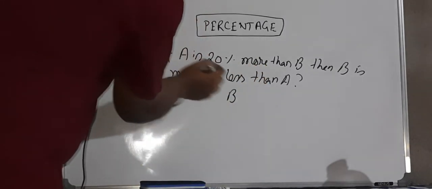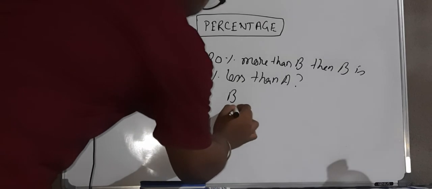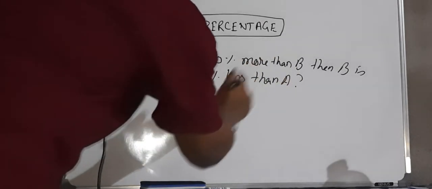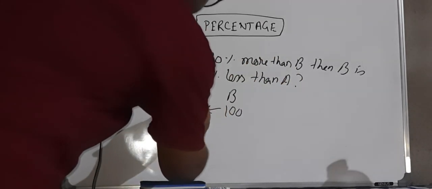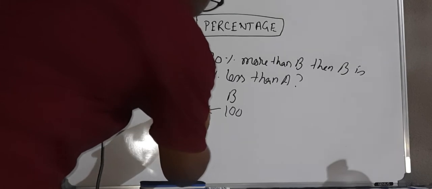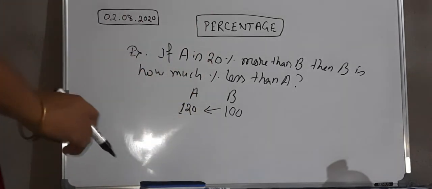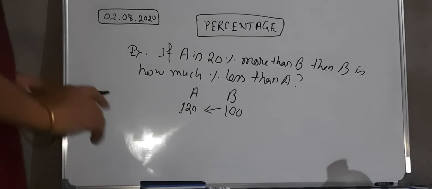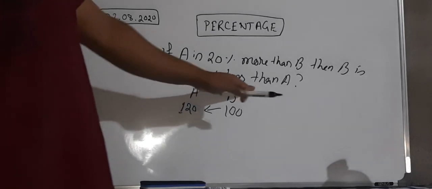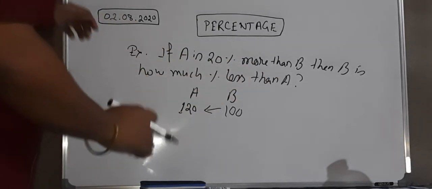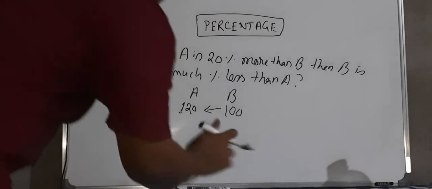So let's say B is 100, the value of B is 100, let us assume. So if B is 100, then A is 120. As per question, A is 20% more than B, so the value of A is 120. Now we have to find the answer with respect to A, as less than A is given.